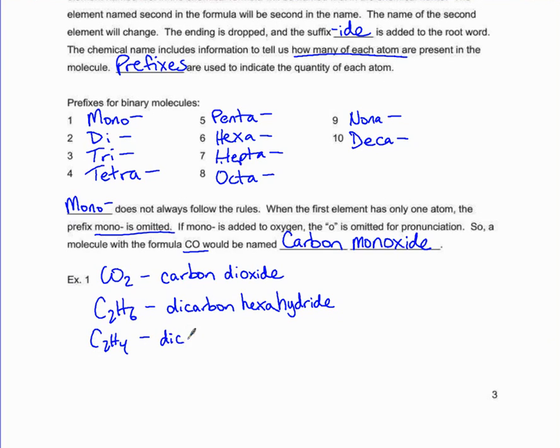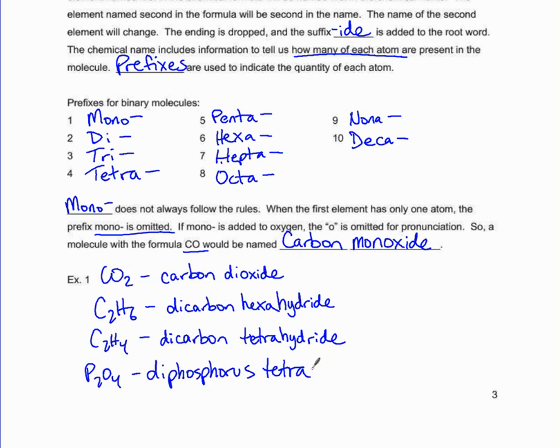There's dicarbon, and 4 is tetrahydride. We've got more, so P2O4 would be 2 phosphoruses, diphosphorus. And 4 is tetraoxide.